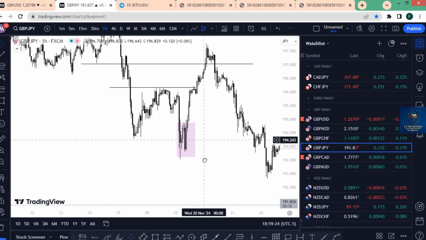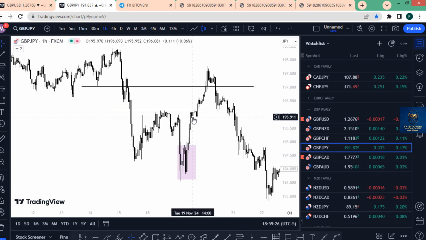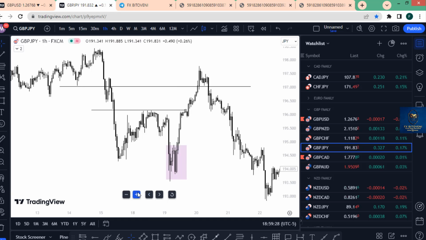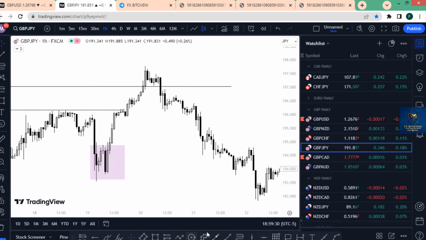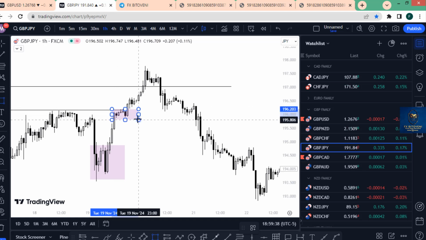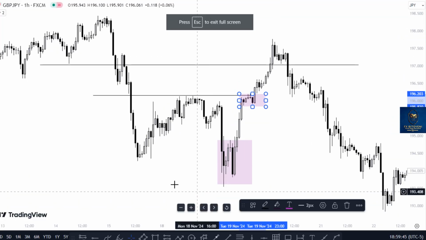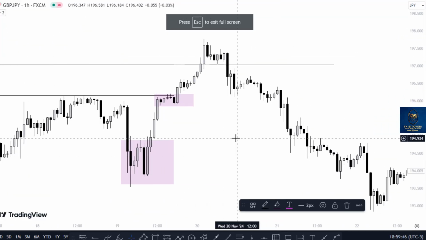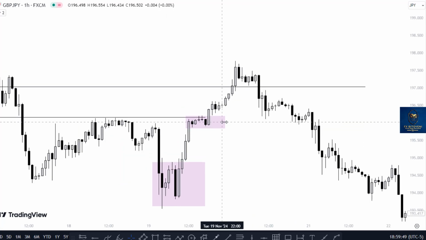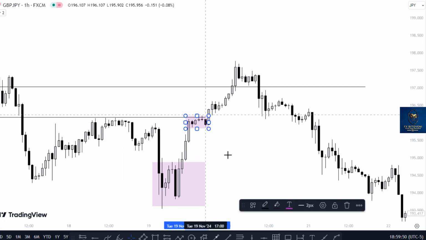Now after this consolidation, market is going higher, creating your first reaccumulation in this area.